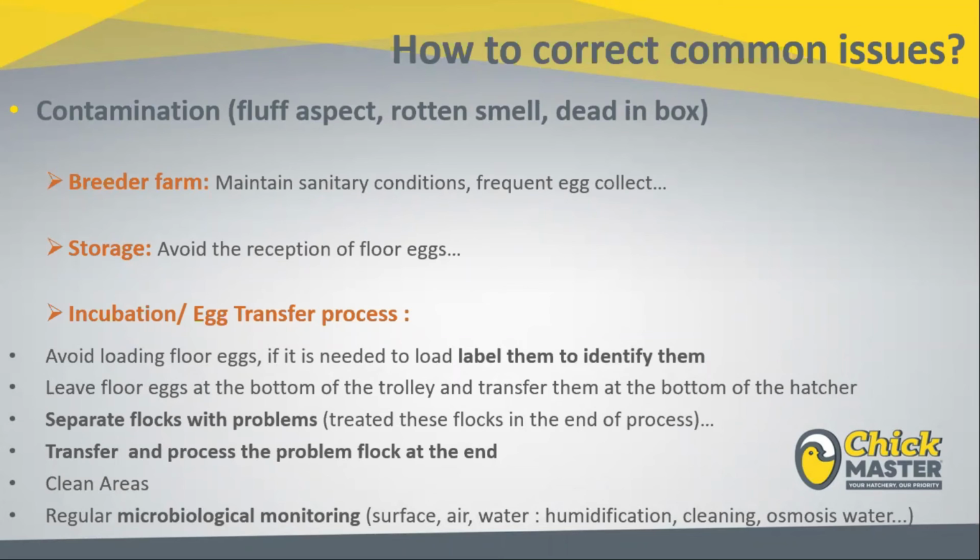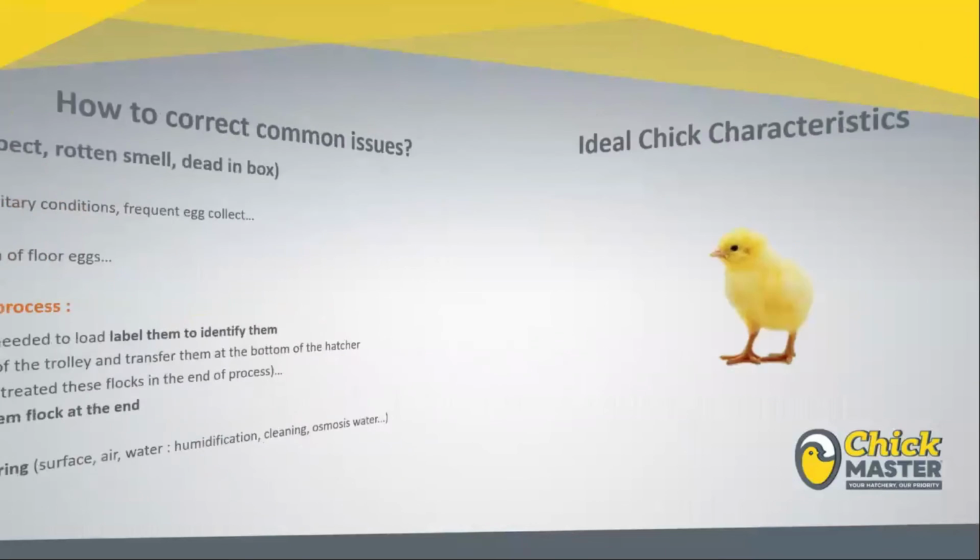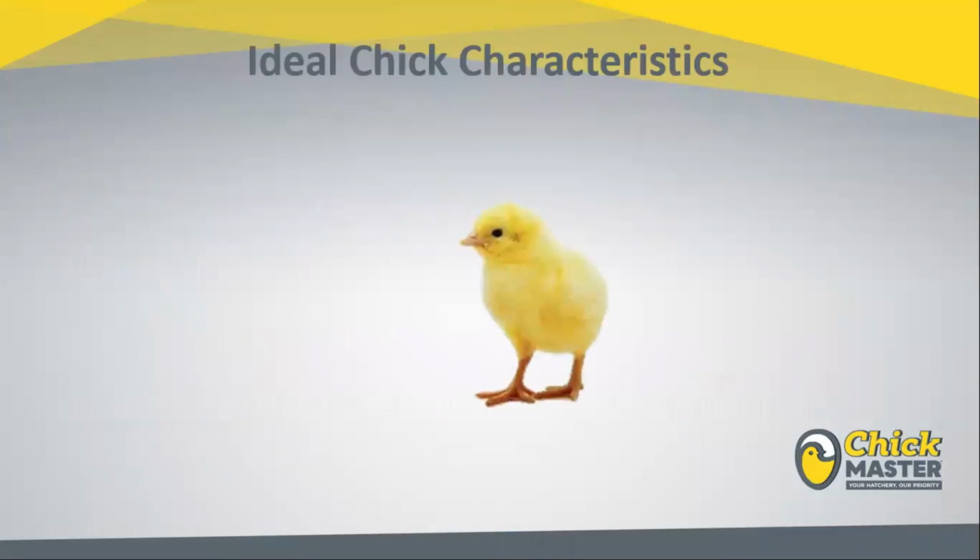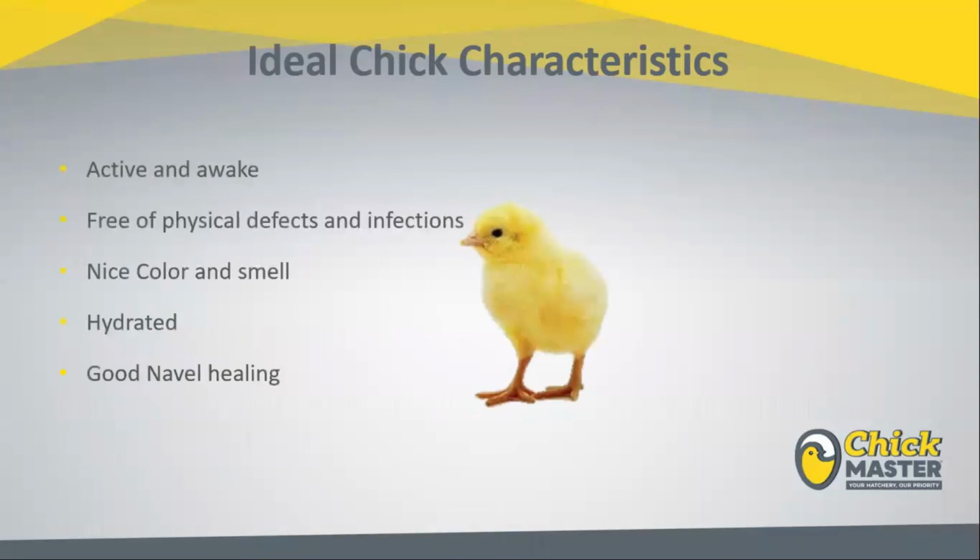It's preferable to have regular microbiological monitoring of the surfaces, the air, and the water. So what we expect from our hatcheries is to have as a final product an active and awake chick, free of physical defects and infections, with nice color and smell, hydrated, with good healing of the navel, and with uniform size.